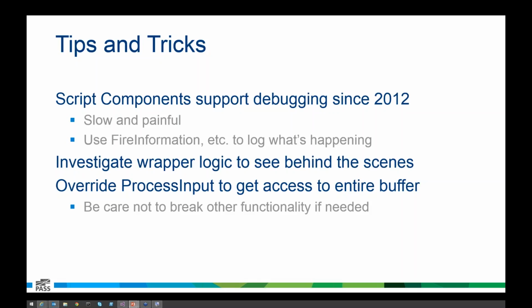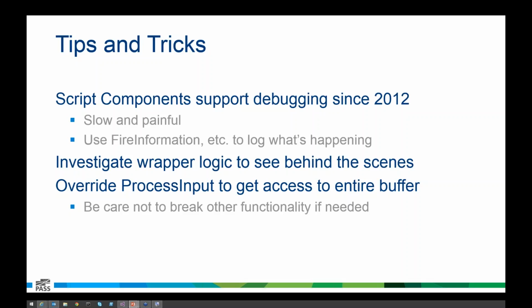So one of the things that you need to remember, if you put a breakpoint in process input row as an example, that breakpoint is going to get hit every time a row flows through. So if you're debugging script components, in general, you want to make sure you have a fairly small data set that you're debugging. Ideally, if you're looking for a specific problem, that you have data that represents that specific problem flowing through in your test environment.